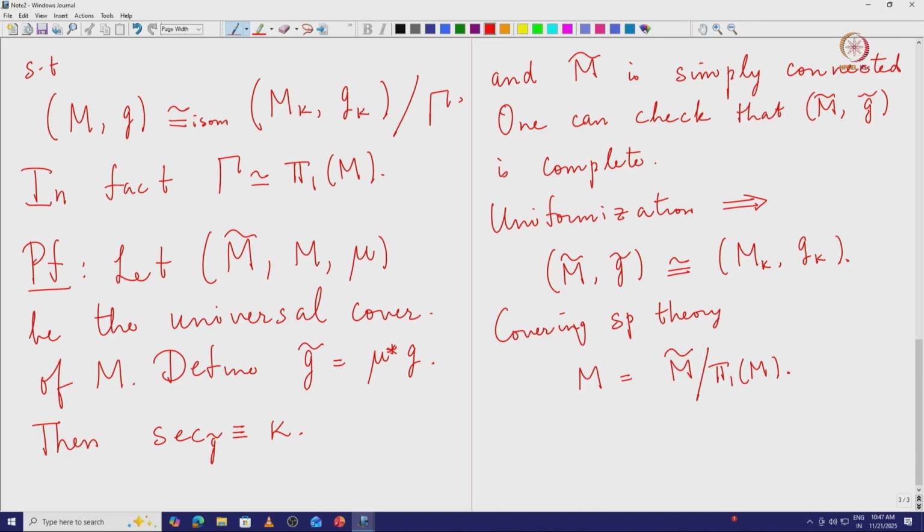So you can think of the fundamental group not only acting on M tilde, but because M tilde is diffeomorphic to M kappa, you can think of it as acting on M kappa.